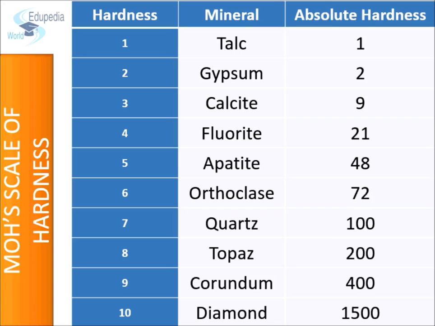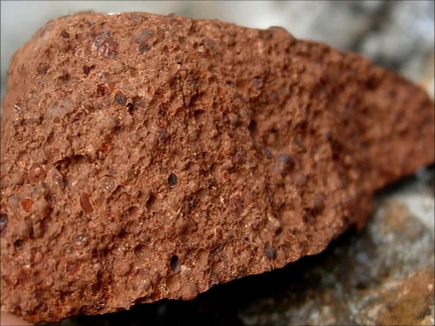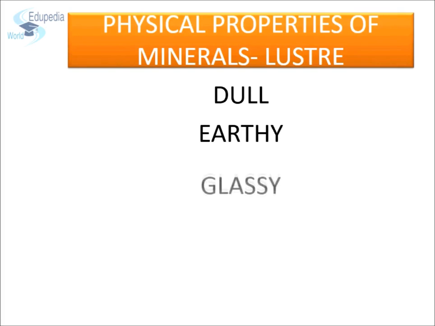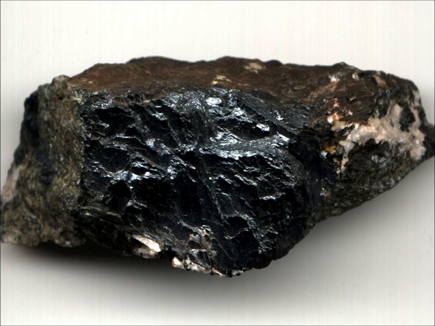Rather than having a specific basis, the scale is based on observation and description. Luster. The luster of minerals can range from being dull and earthy, as in bauxite, to being glassy or vitreous, as in quartz, or metallic, as in hematite.